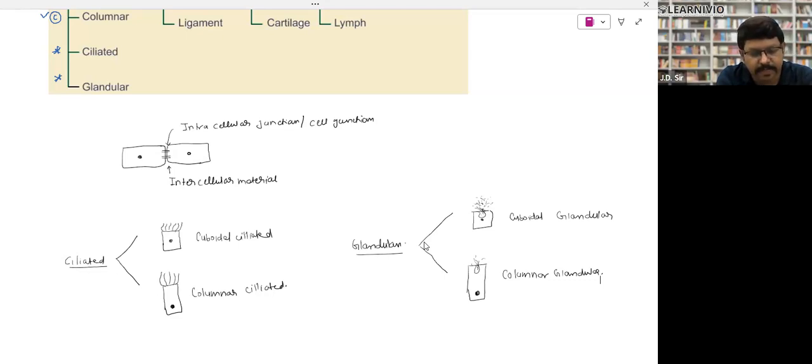They secrete some substance. Full stop. Glandular tissues are also modifications of cuboidal or columnar tissue.